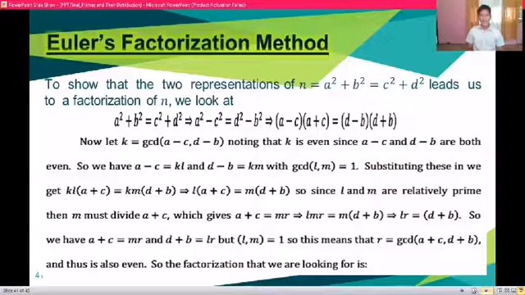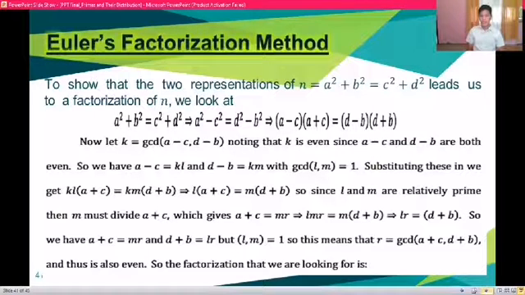Substituting this, we get kl times the quantity a plus c is equal to km times the quantity d plus b, which implies l times the quantity a plus c is equal to m times the quantity d plus b.